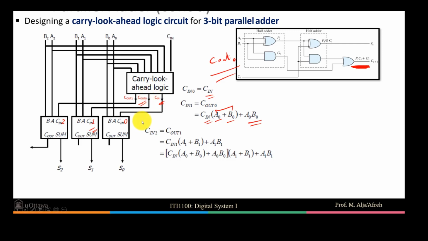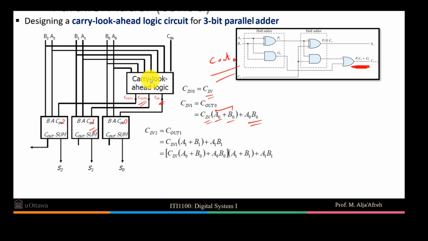So we're increasing the complexity of our 3-bit parallel adder at the expense of producing a very effective and fast output.